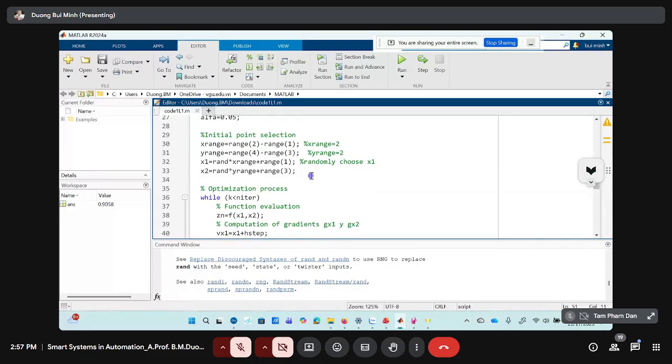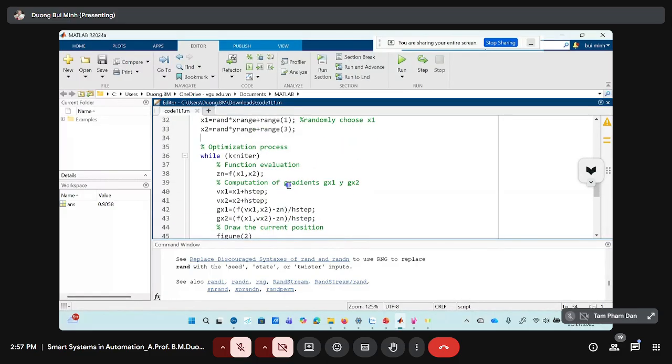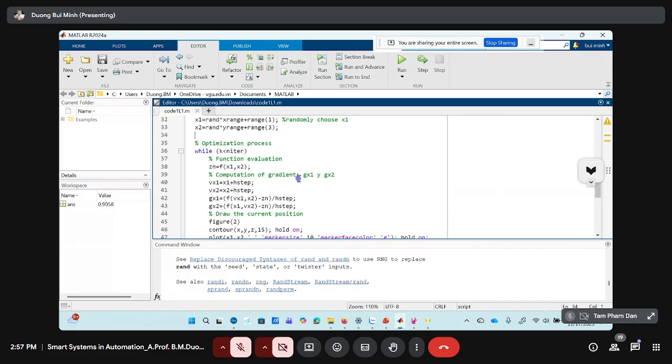Okay, so yeah, and then we use y lob. First of all, we calculate z of x0 at the beginning. And then we update x1 to become vx1, and we update x2 to become vx2, and then you replace into this formula.